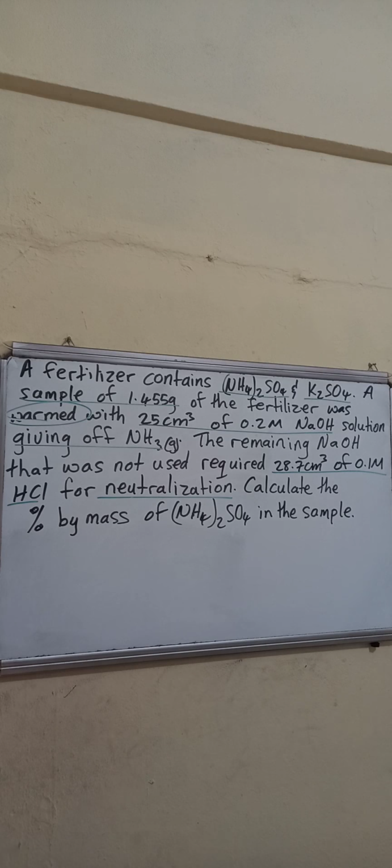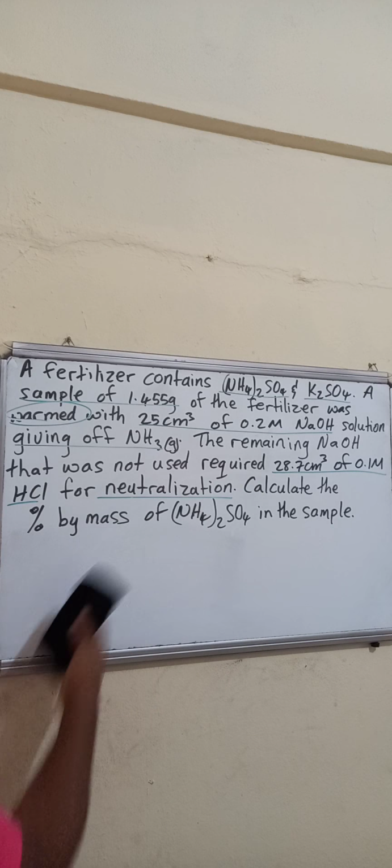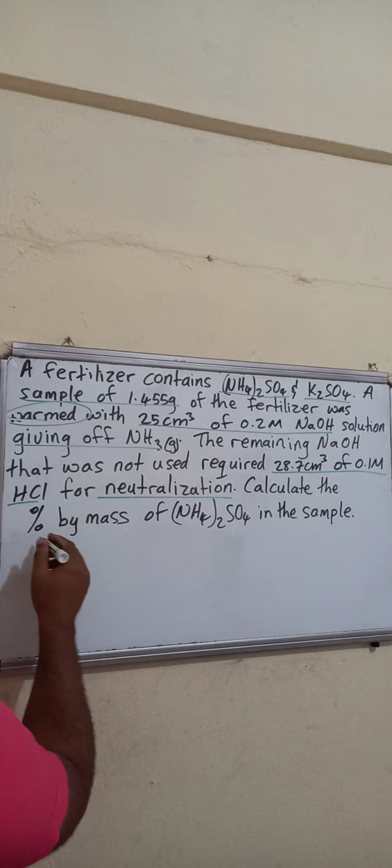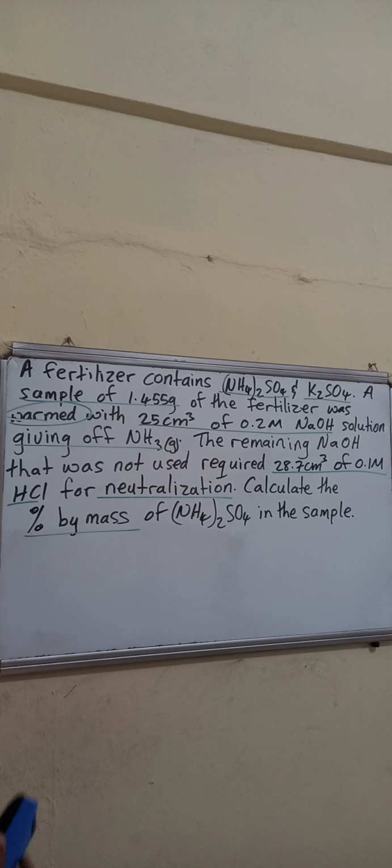So again, as we have done in the previous two examples, divide the question into the reaction and the titration. And of course, we are going to calculate the percentage by mass of ammonium sulfate.